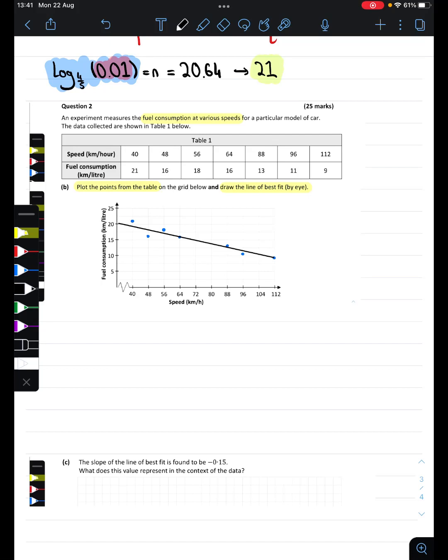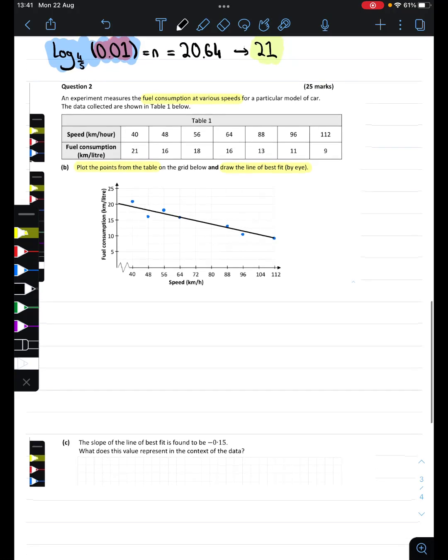It doesn't have to be exactly this, but as long as it's close, then it should be fine. As long as you don't have something like this, or something where the line is below all the points. It should be something in the middle.